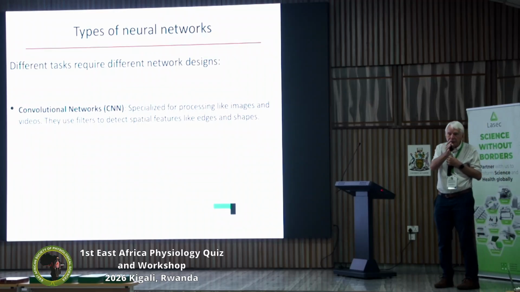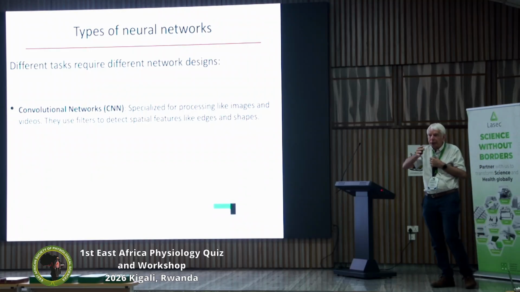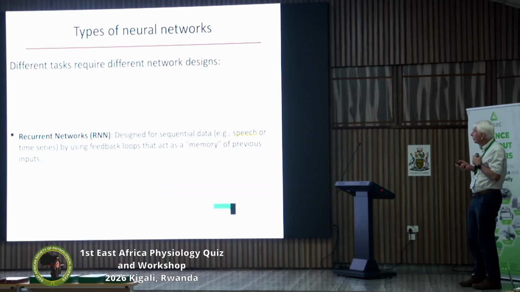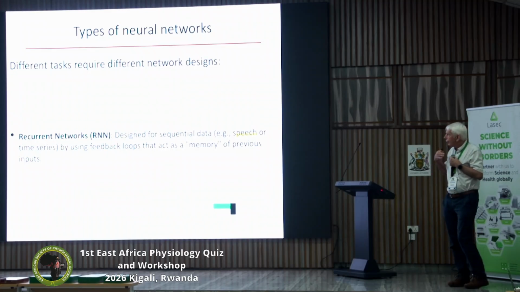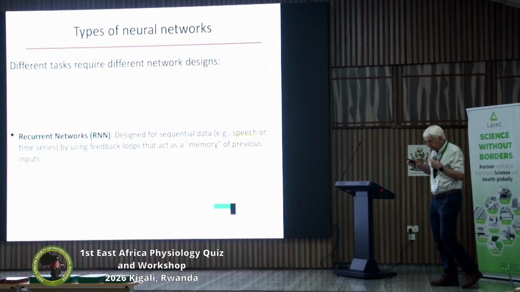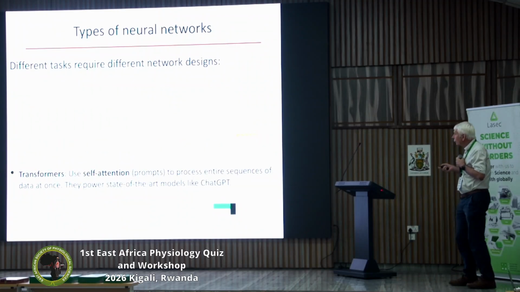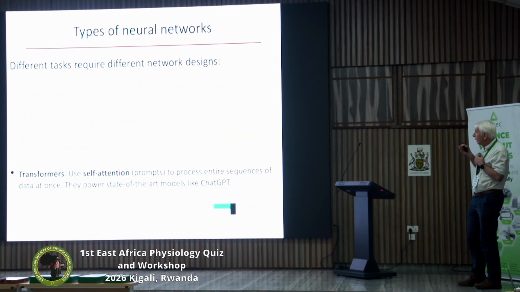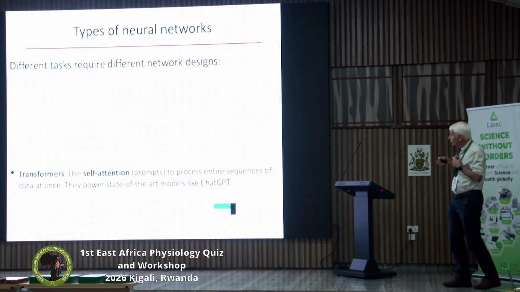We have different types of neurons which detect lines or translations of lines, the simple and the complex cells in our brains. The recurrent networks are used for speech, and they resemble the reverberation circuits in our brain. The transformers use the general AI tools which you know of, and they use self-attention to process entire sequences of data at once. They are the ones used in ChatGPT.